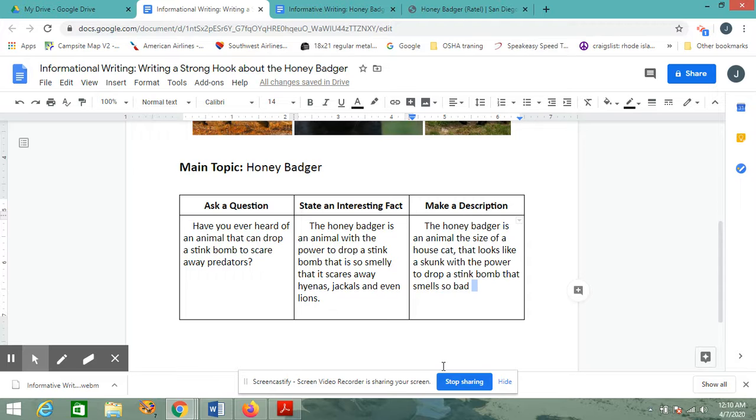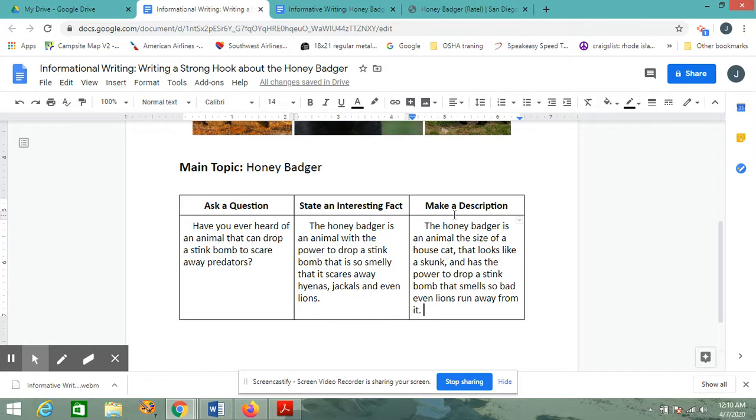So the honey badger is an animal the size of a house cat that looks like a skunk, and has the power to drop a stink bomb that smells so bad even lions run away from it.